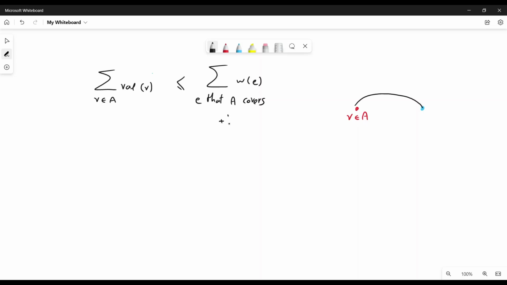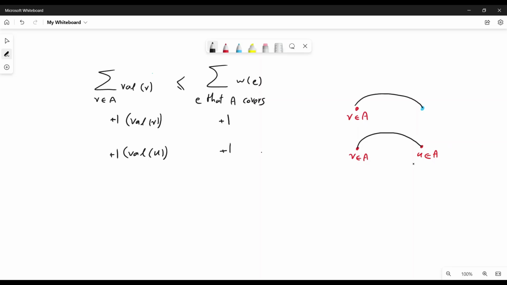So this edge is counted in this side once and also in this side once, in value of B. The other case is that we have two red endpoints, and both of them are vertices of A. In this case, again, the edge is counted once here and also once here in value of U, because the edge is not considered in value of V, because U is a red posterior neighbor of V. I'm also considering the ordering on these two vertices.